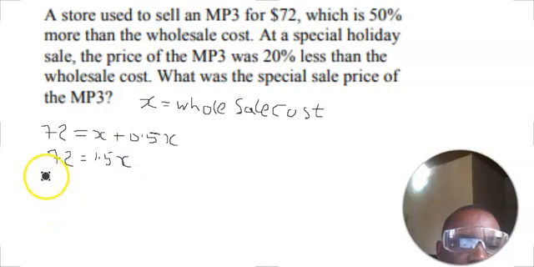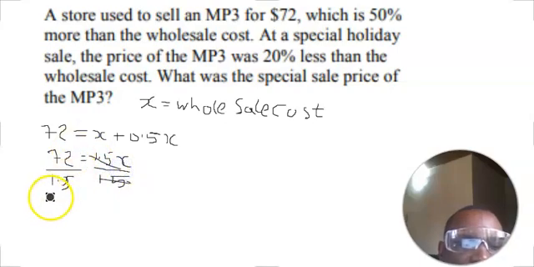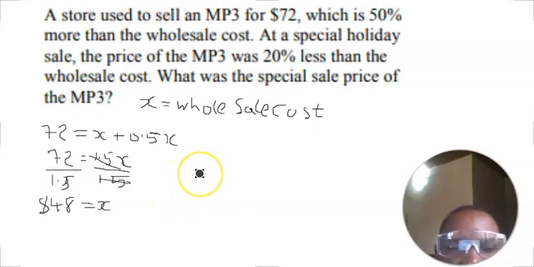If I divide both sides by 1.5, this cancels, that cancels, and this will give us $48. That is equal to x, which is the wholesale price. Do you understand that now?